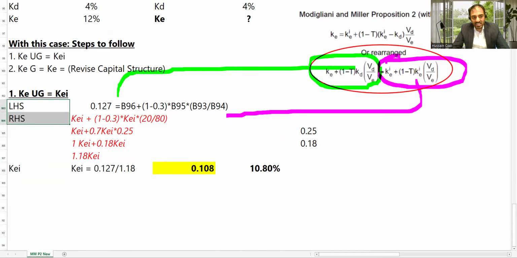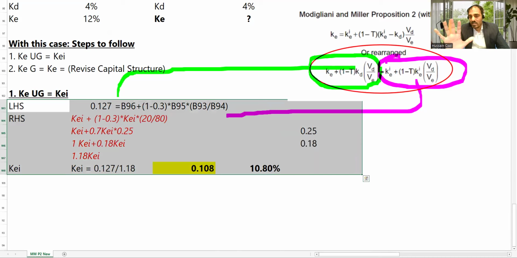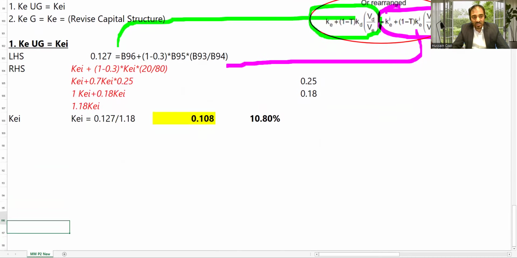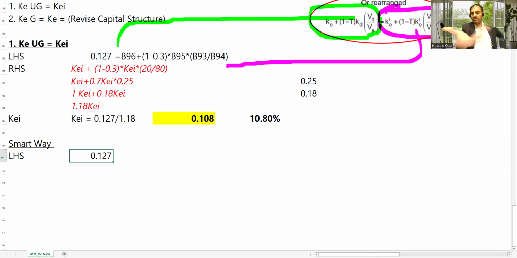First, this is the rearranged structure. But with the rearranged structure, you can use a smart way, like you have used the left hand side very smartly previously.